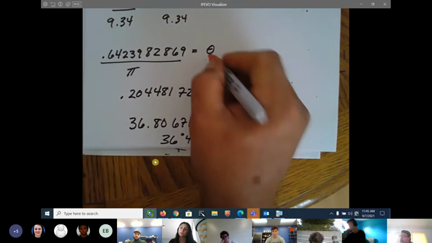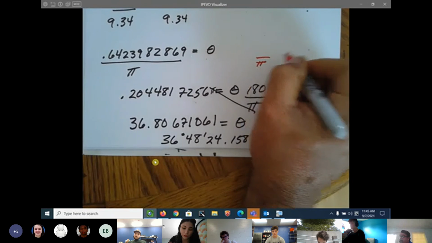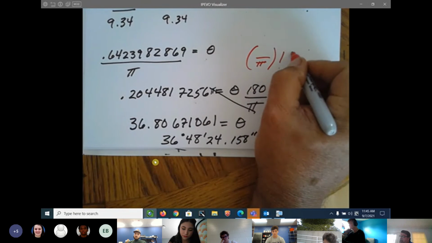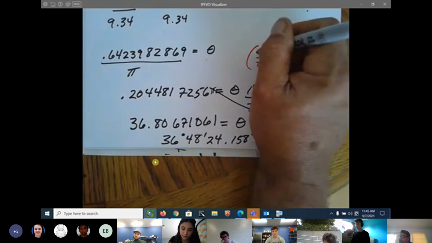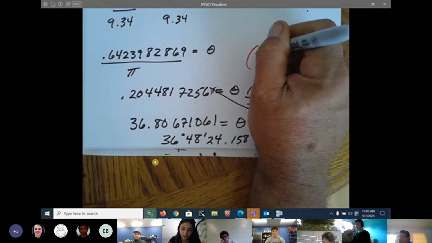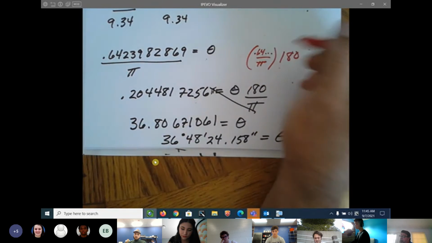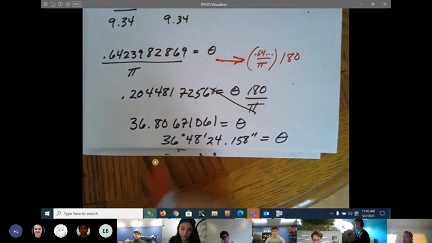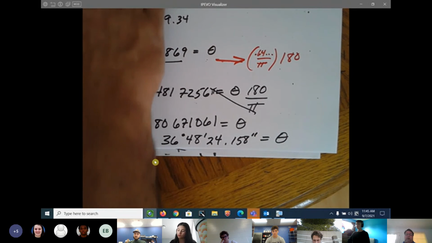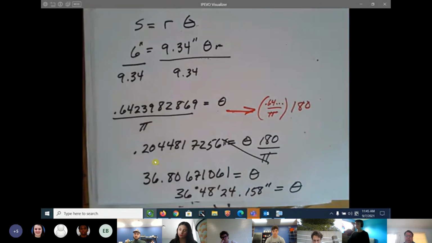So here, divide by pi, and then multiply by 180. So 0.64, blah, blah, blah. You need to do that whenever they ask you for the angle, because it's in radians. I'll let you write that down right quick.